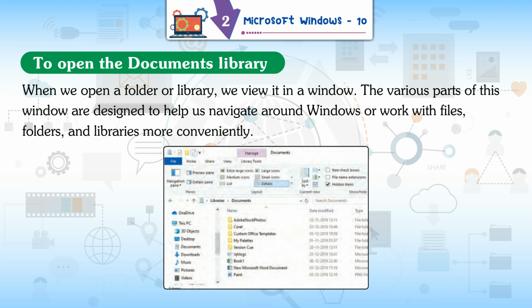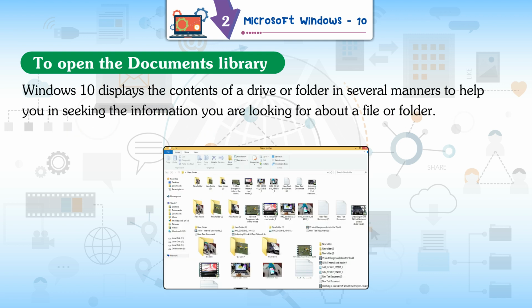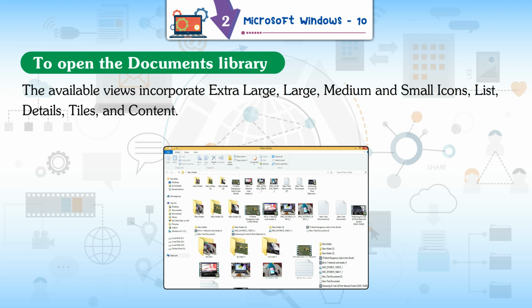The various parts of this window are designed to help us navigate around Windows or work with files, folders, and libraries more conveniently. Windows 10 displays the contents of a drive or folder in several manners to help you in seeking the information you are looking for about a file or folder.